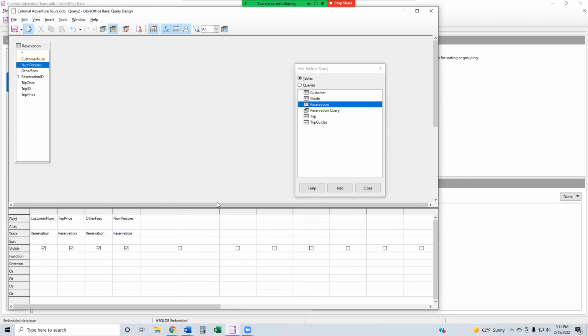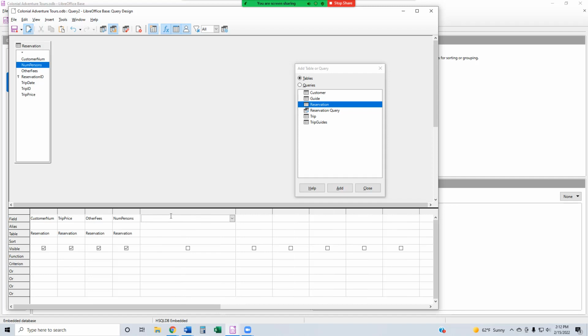As we've seen in previous videos, we can extend this so that we'll be able to see the entire expression or arithmetic calculation that we're going to be using. So we are going to, like I said, use the trip price.